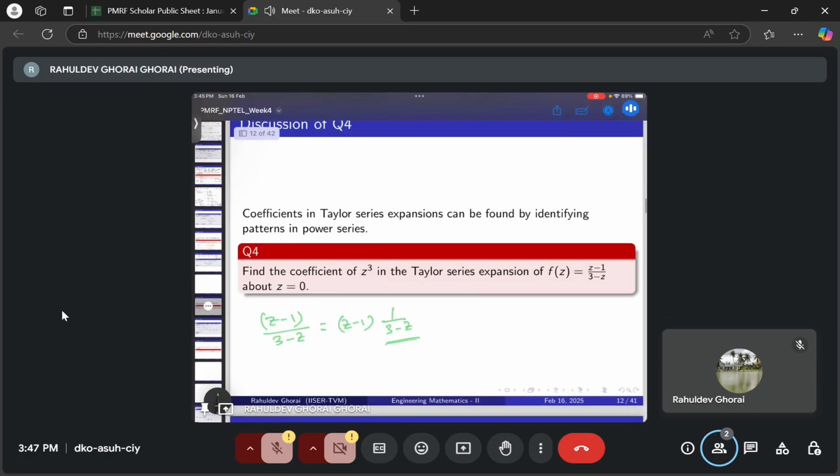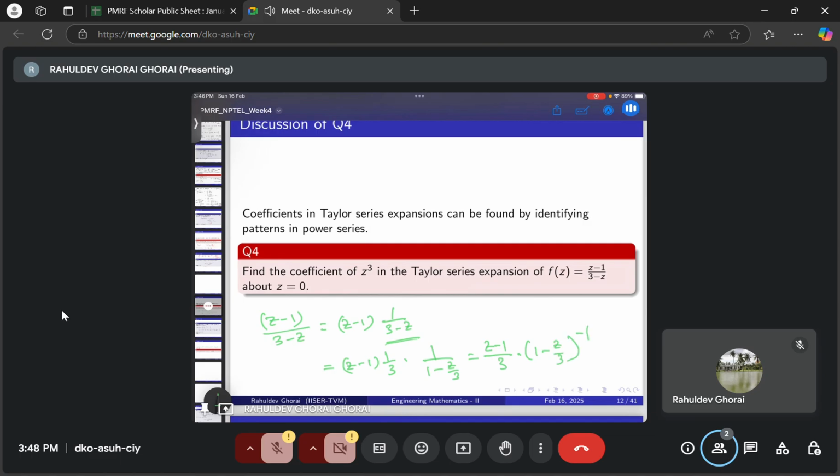What maximum you can do here? So z minus 1 times 1 over 3, again you can take 1 over 1 minus z by 3, and then you can write z minus 1 by 3 times 1 minus z over 3 inverse, and you know how to deal with that.